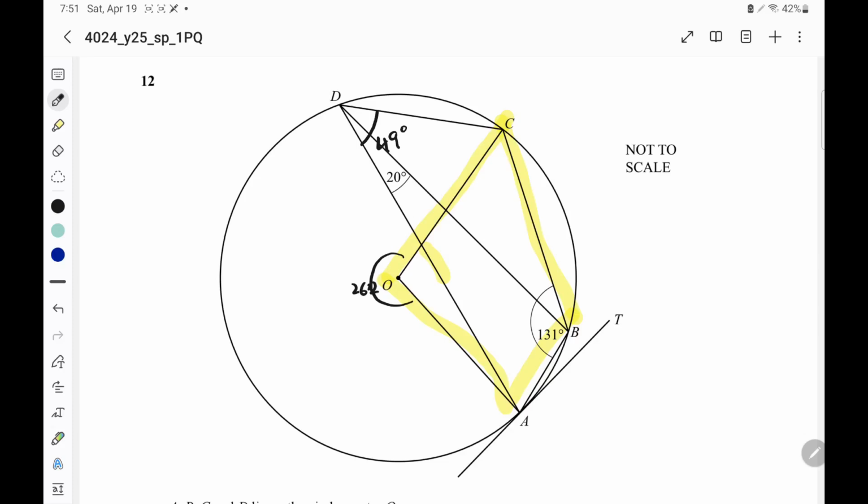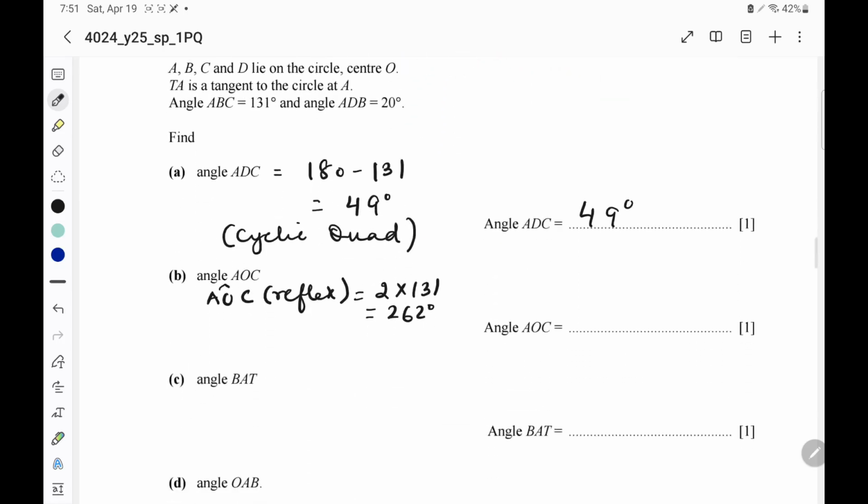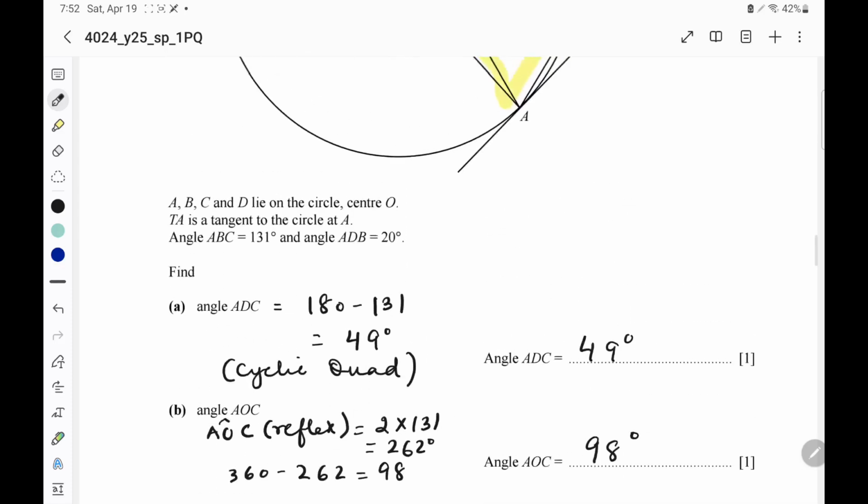Then when we subtract from 360 degrees, 360 minus 262 is equal to 98. So angle AOC is 98 degrees.